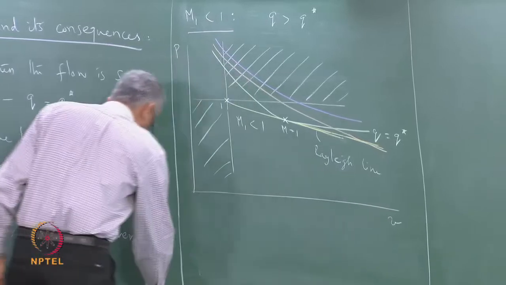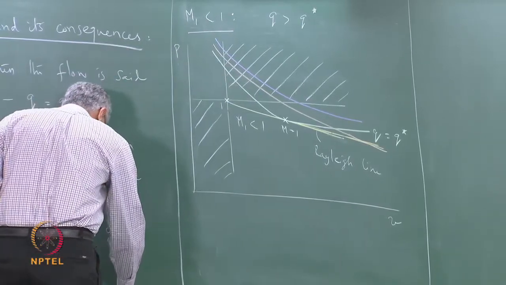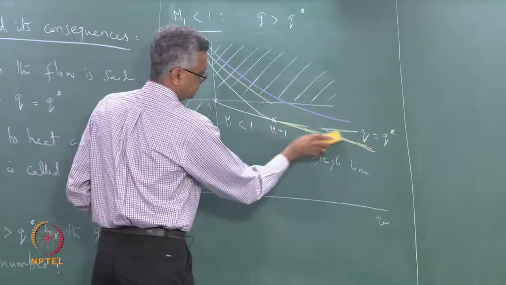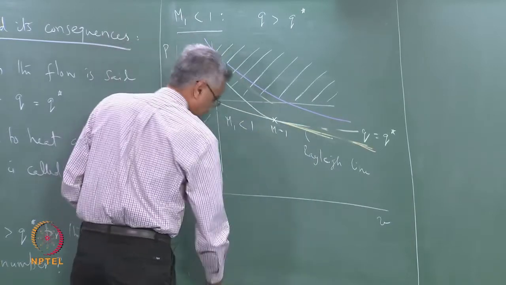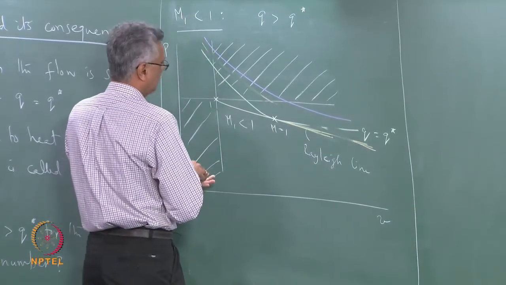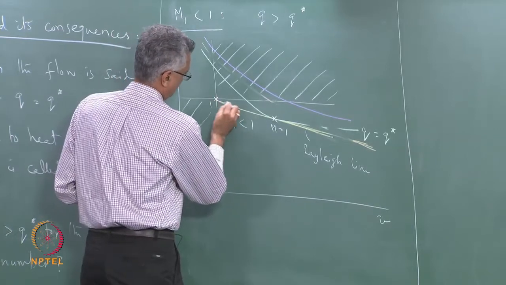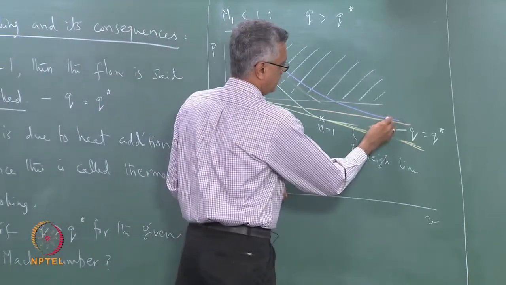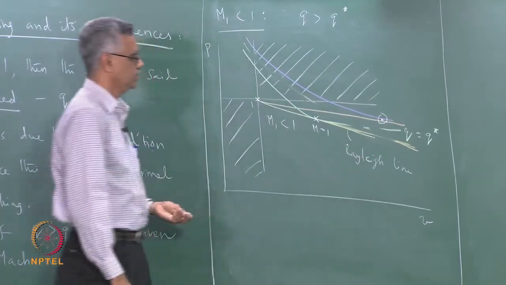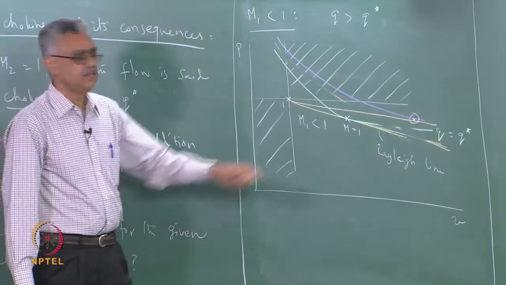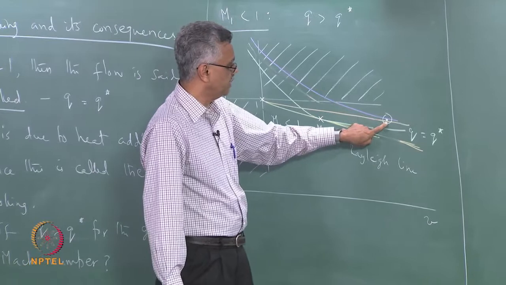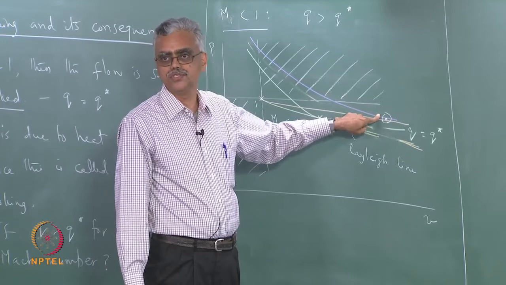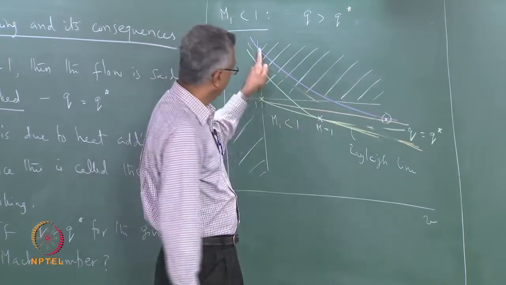Let us say that we operate on a Rayleigh line which looks like this, and you can see that I can operate on this Rayleigh line up to this state point, and I can still add this much amount of heat, but now the amount of heat that I am adding will correspond to q star, so that it becomes tangential to this H curve. That is the only way I can get on to a higher value of heat.